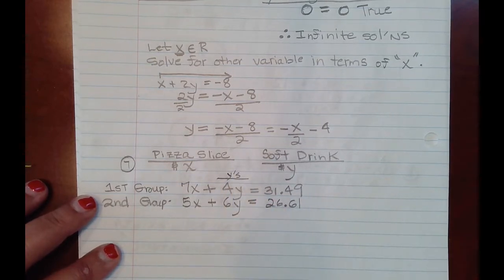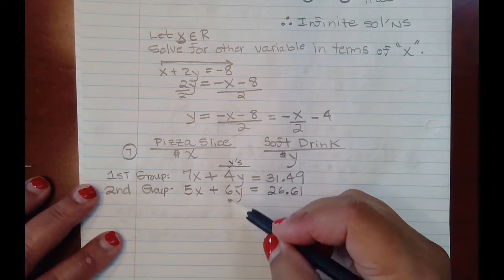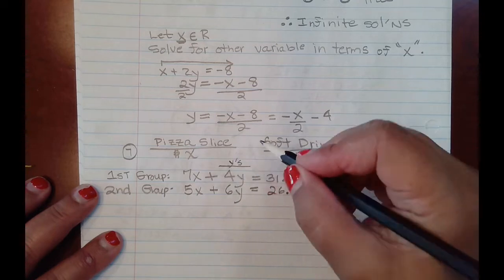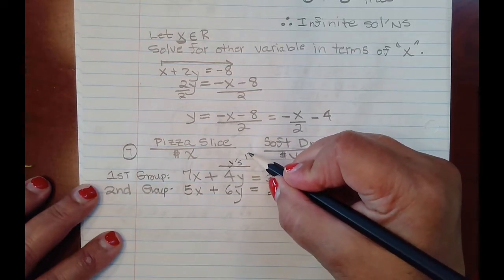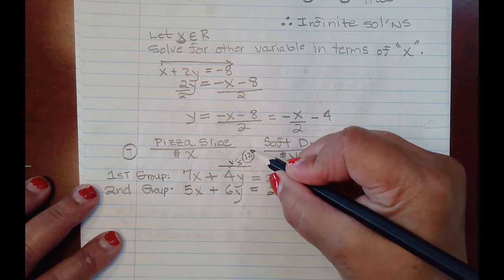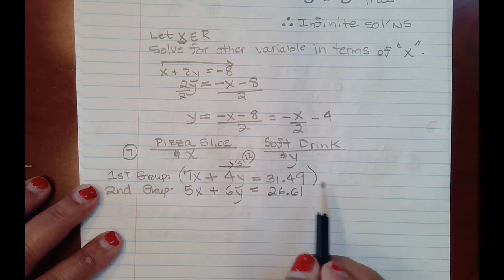Okay, if I'm going to get rid of the Y's, then I can maybe try to turn both of these to keep the numbers as small as possible. I can try to create 12s here. I can create a 12 out of 4 by just multiplying by 3.